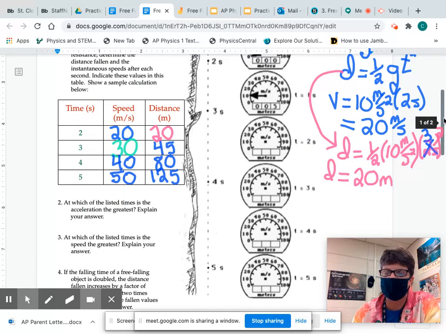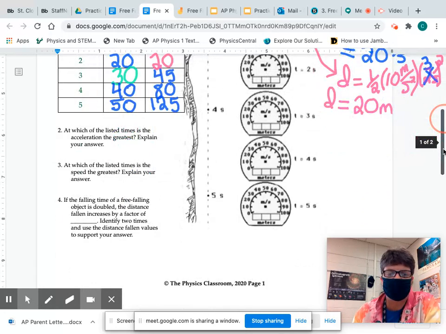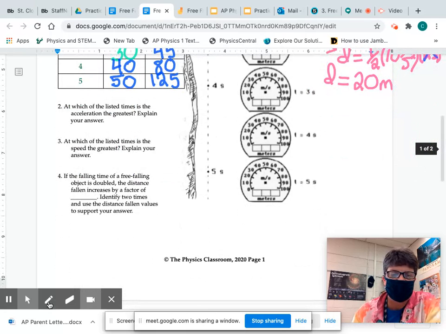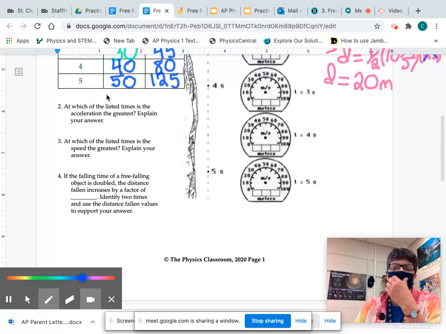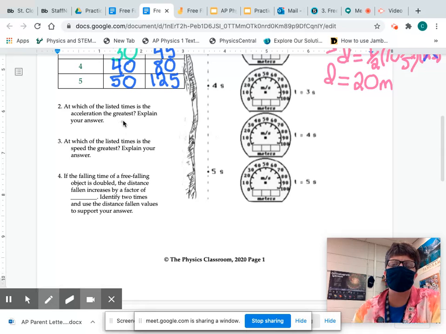All right, so now we have a few questions to answer. At which of the following times is the acceleration the greatest?